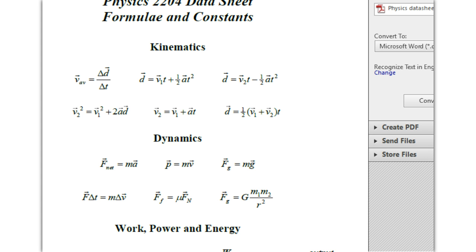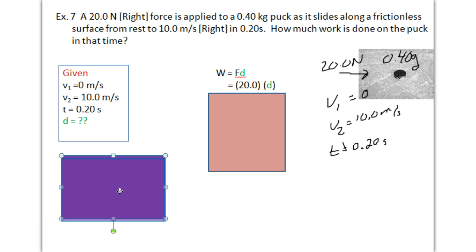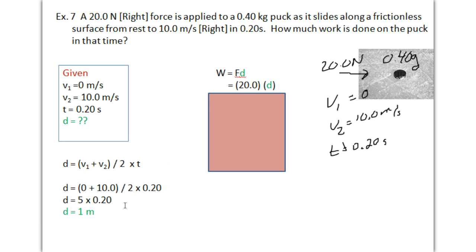So if you look back to your kinematics formulas, this is the formula that applies. A half times v1 plus v2 multiplied by time. So v1 plus v2 divided by 2. Dividing by 2 is the same as multiplying by a half.